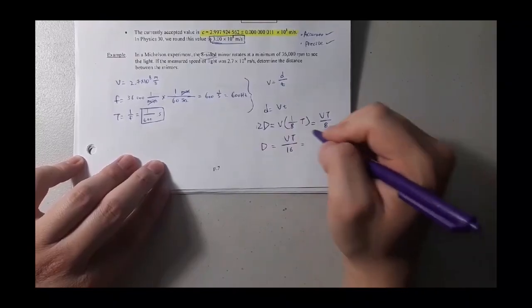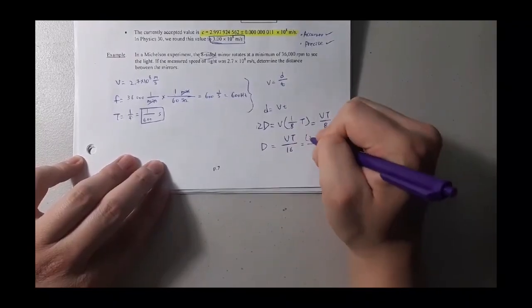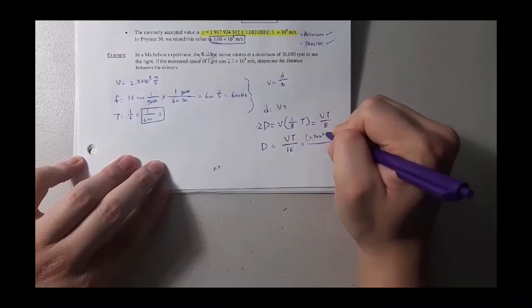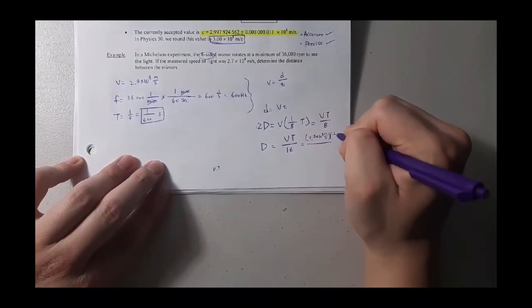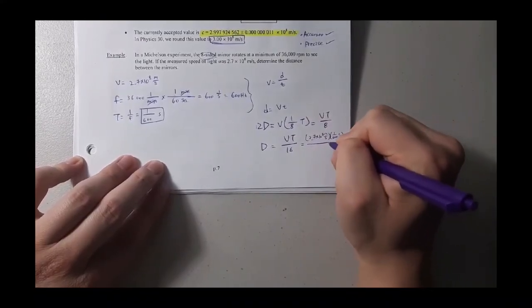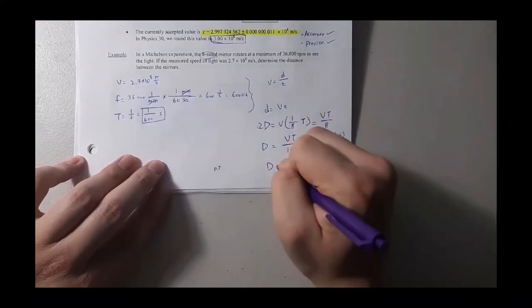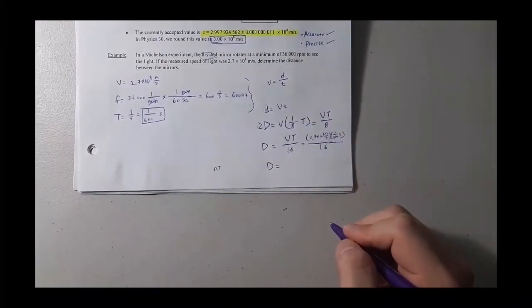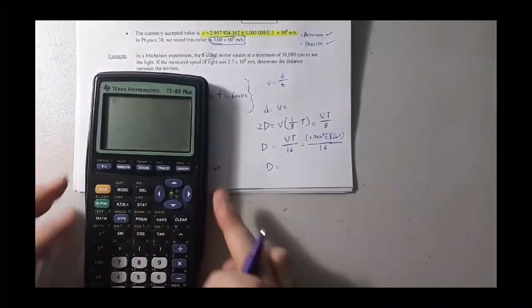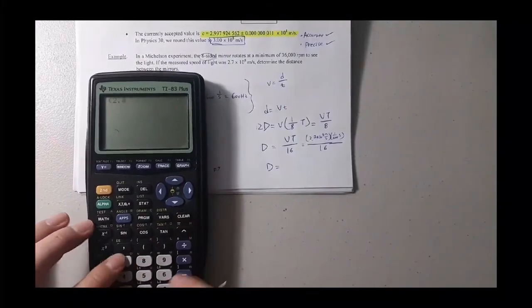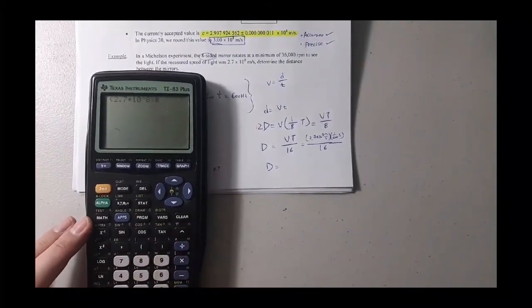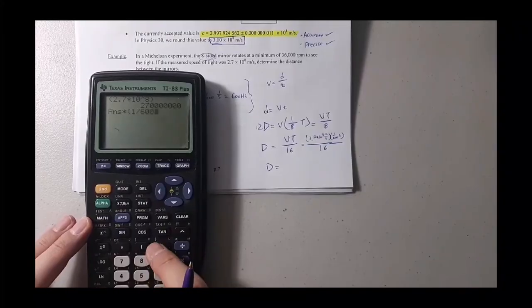And now let's punch the numbers in. My V is 2.7 times 10 to the power of 8 meters per second. T is 1 over 600 second, divided by 16. And that's where I can find my distance in meters. So 2.7 times 10 to the power of 8, times 1 over 600, divided by 16.